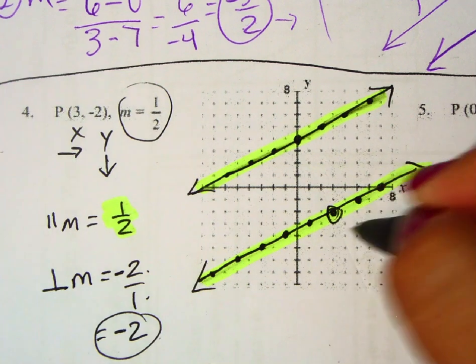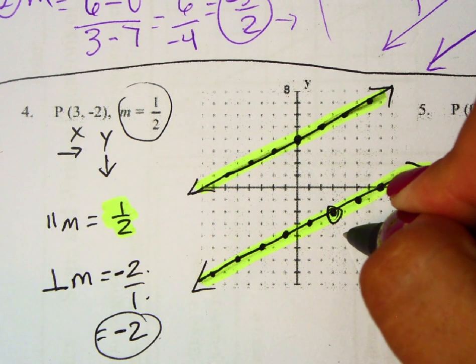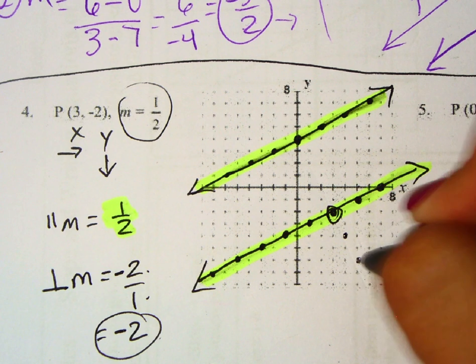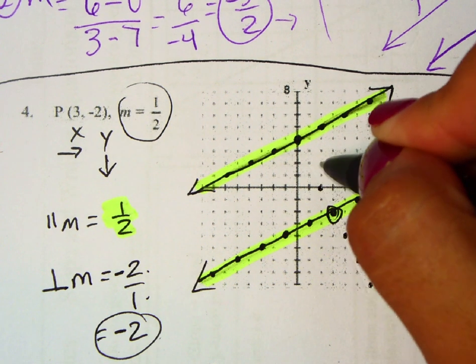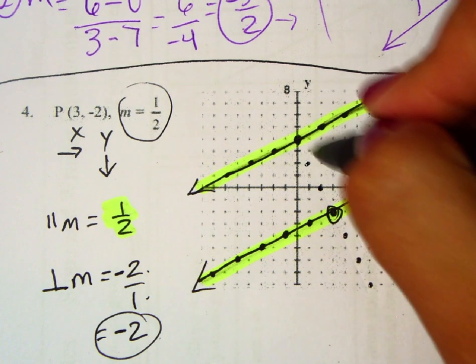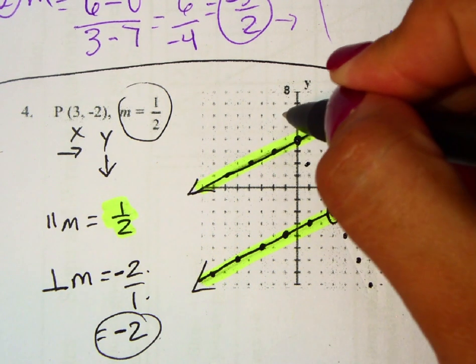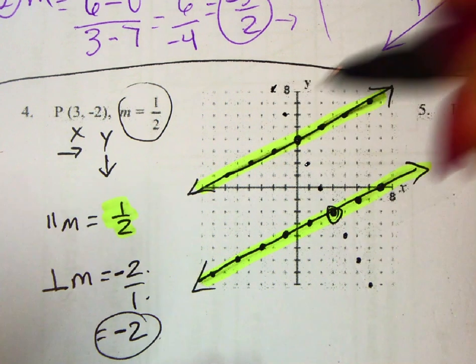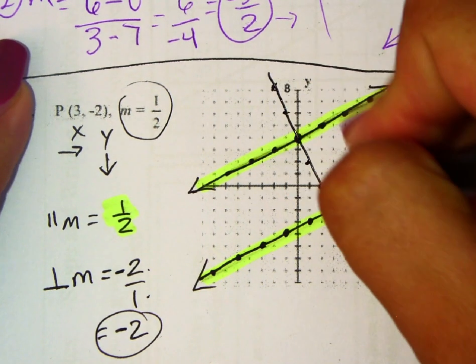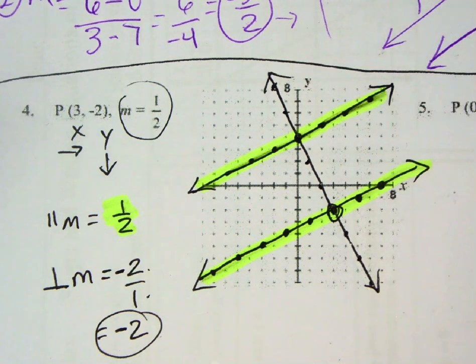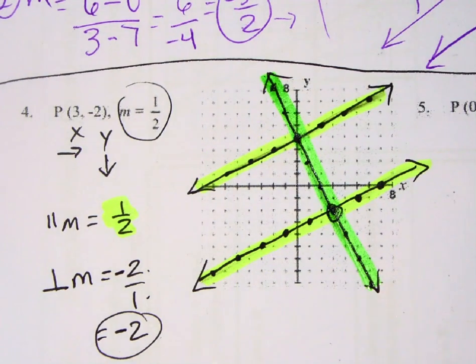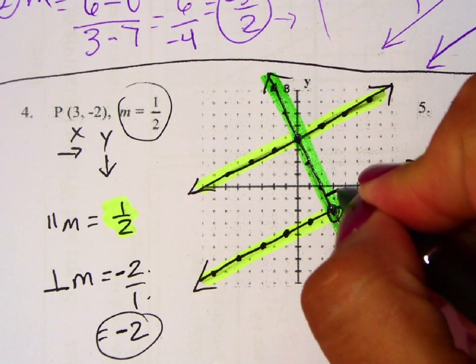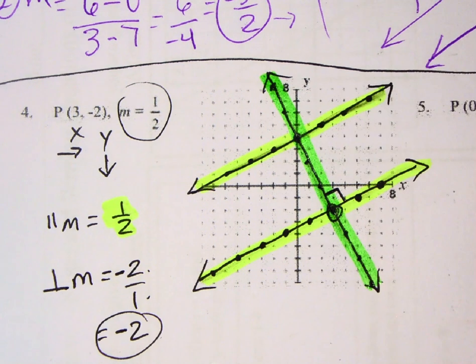We're going to drop down 2, run 1. We're going to go up 2 and left 1, until we create that whole line across the grid. So if you notice, this does create like a 90-degree angle right here. So this is an example of what you're going to do.